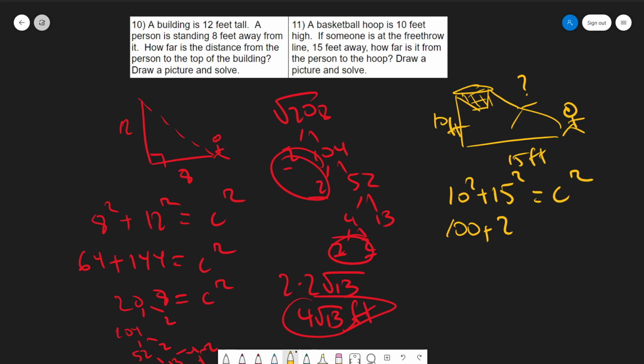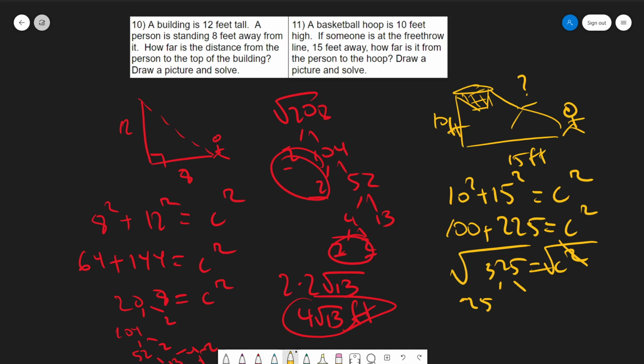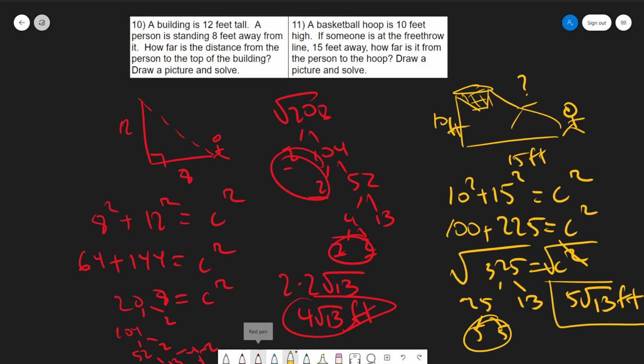We don't do times 2, do times itself. And we get 325 is equal to C squared. Then we're going to take a square root, and what can we take out of that? We can take a 25 out. And is that 13? 5 and 5. Looks like we got a couple 5s here. We got a 5 root 13 feet. Alright, so there's 10 and 11.